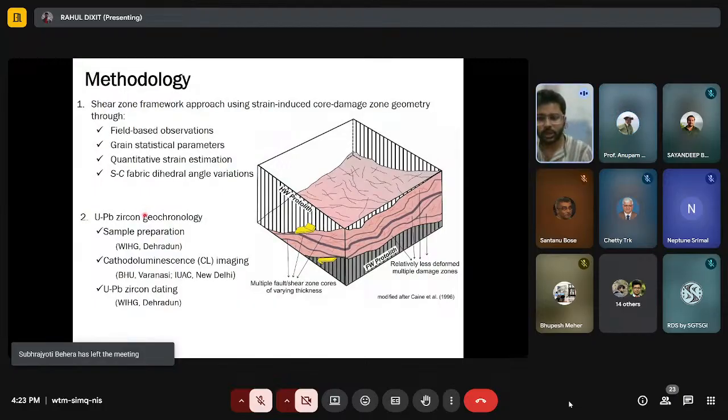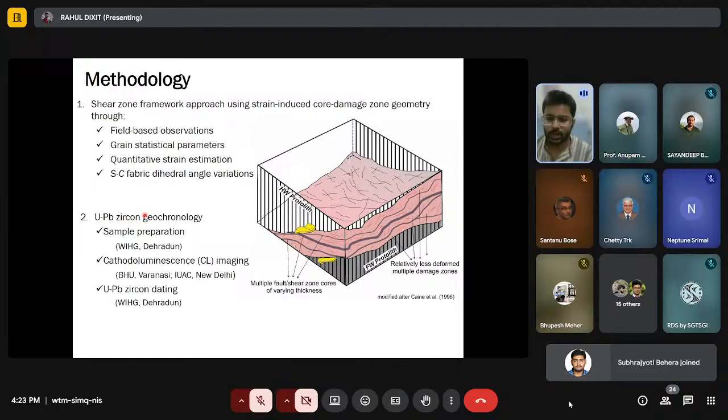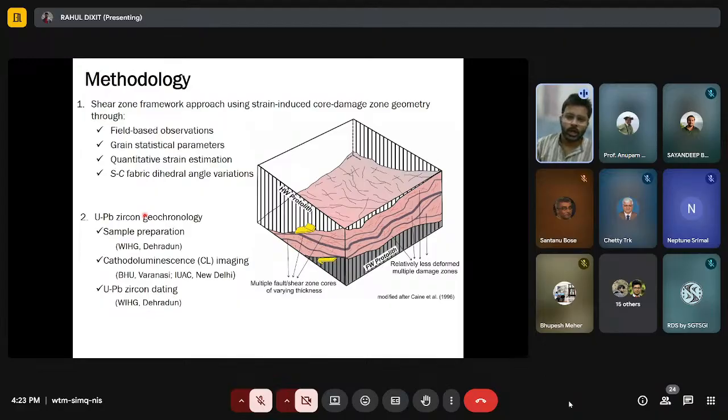When we talk about the methodology we adopted to study both shear zones in our study area, we adopted the shear zone framework approach using the strain-induced core and damage zone geometry. Using this approach, we try to map and identify the fault cores or shear zone cores and their associated damage zones within the area.